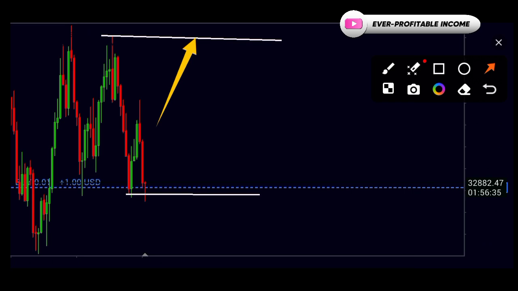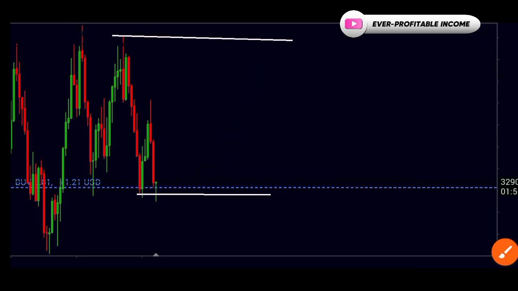If it hits it and starts bouncing back, I'm going to hop into the trade. And if price is trending downward and it hits this lower line, the swing low, and it bounces back, I'm going to hop into the trade and ride massive profit. That is the exact strategy you use in scalping the ranging market.